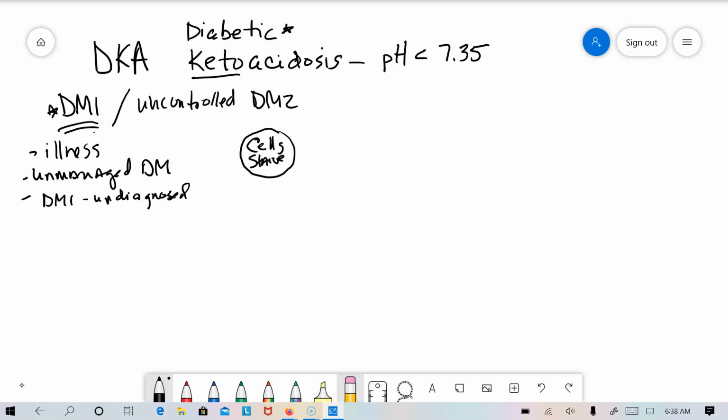As I've spoken before, the body has great ways to compensate, and the body will find another energy source. The problem is that if it does not have glucose molecules to get to the cells, it will start to break down fats, and it will start to break down proteins.